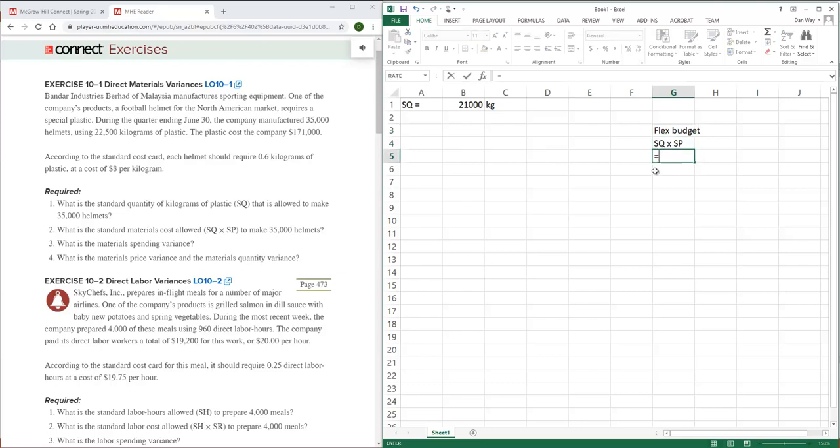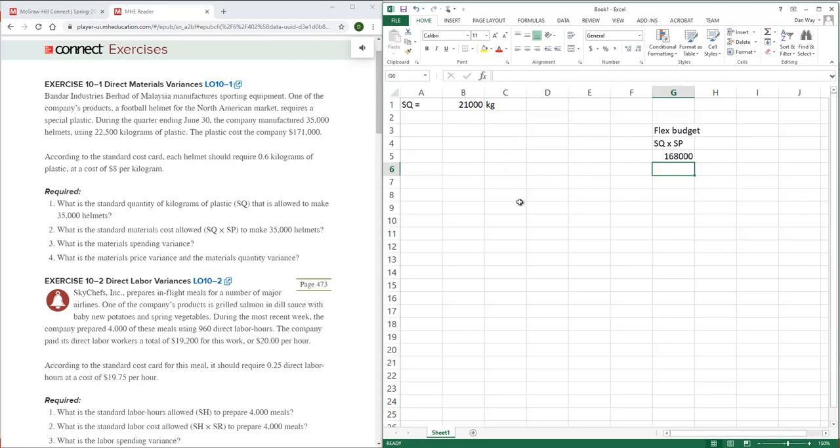So here, that's the 21,000 kilograms. And that stuff we were told had a standard cost of $8 per kilogram. So the standard by the standard would be $168,000.